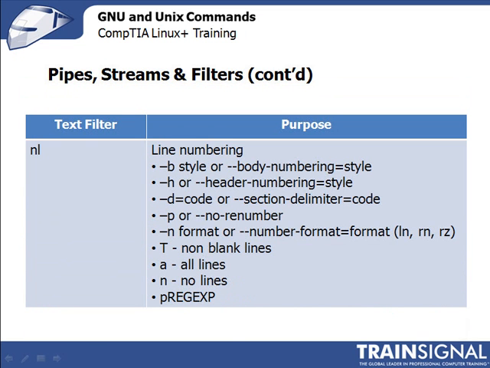The nl filter is used for line numbering, and it has several options that let you tailor the output. The first is -b style or --body-numbering=style, -h or --header-numbering=style, -d=code or --section-delimiter=code, -p or --no-renumber, -n space format or --number-format=format.